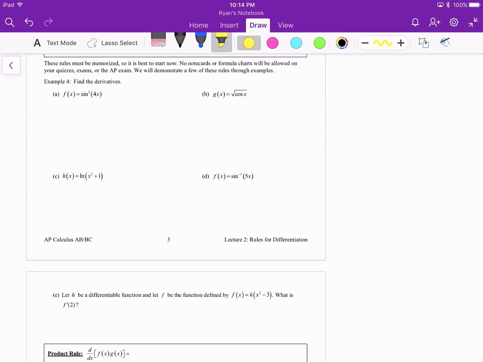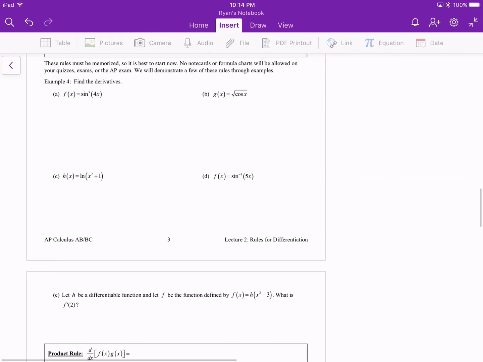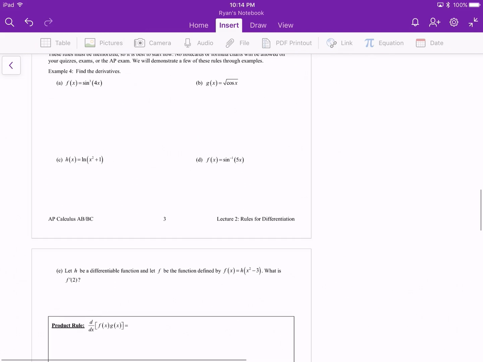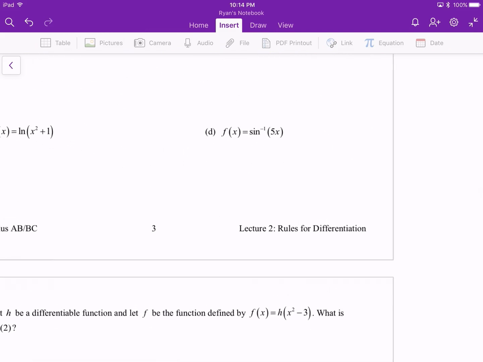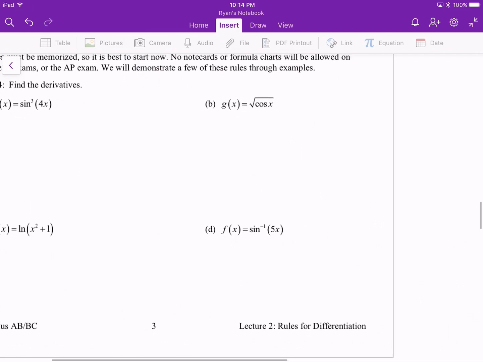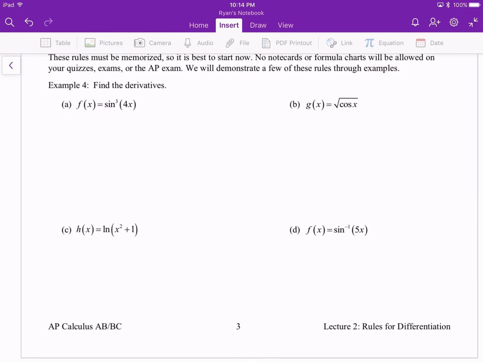Okay, so I'm going to demonstrate a couple of them through example here. So our first example says sine cubed of 4x. What I need to recognize about this is that this is a chain rule problem. The reason that this is a chain rule is because the cubed is the outside function, and sine is the next function, and then 4x is the innermost function.